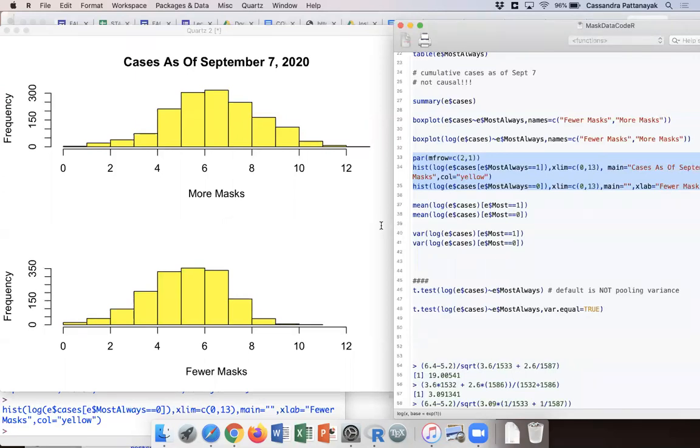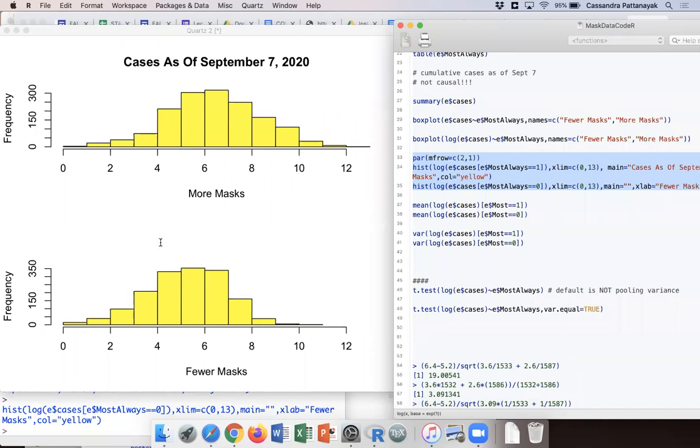One thing I think it's important to comment on right here is that although I can see the result from the picture, this is not causal. We don't get to say that wearing masks prevents COVID or causes COVID, looking at these pictures. Now, I bet most of you would believe me that wearing masks does not cause COVID, but look, there's more COVID cases in places that wear masks. Why is that?